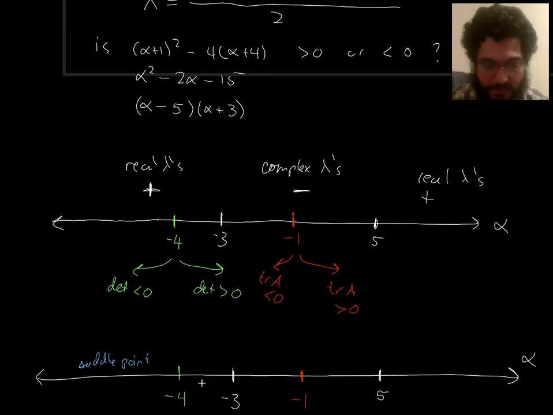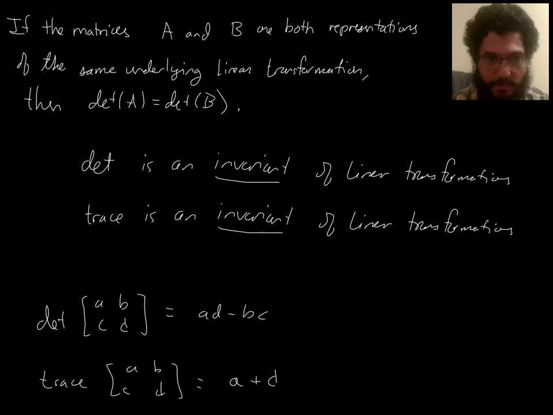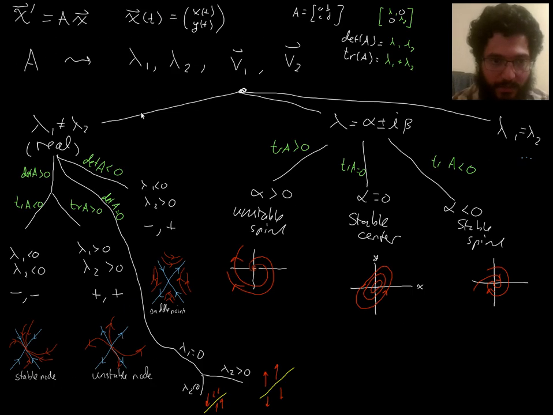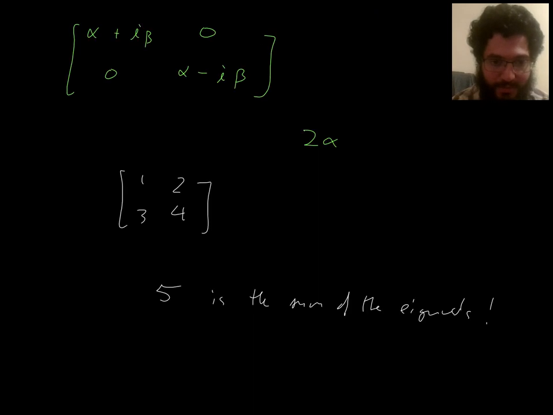Okay, how about in this region between negative 4 and negative 3? Here we have still real eigenvalues, since we're to the left of the negative 3, but now positive determinant. Okay, but is the trace negative or positive? Now I want to know about the trace.